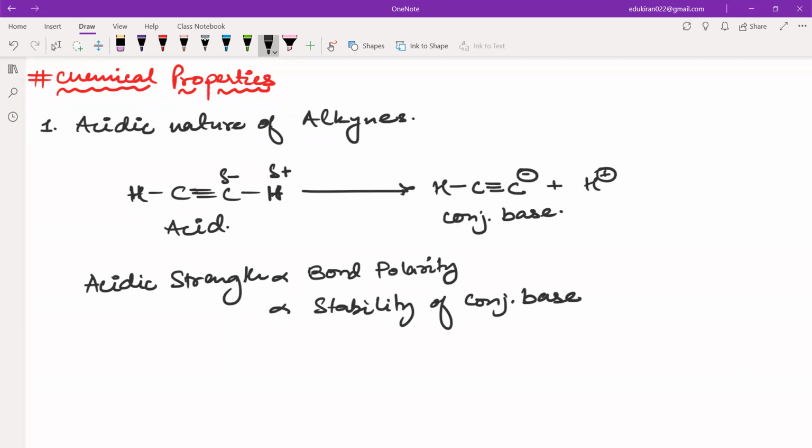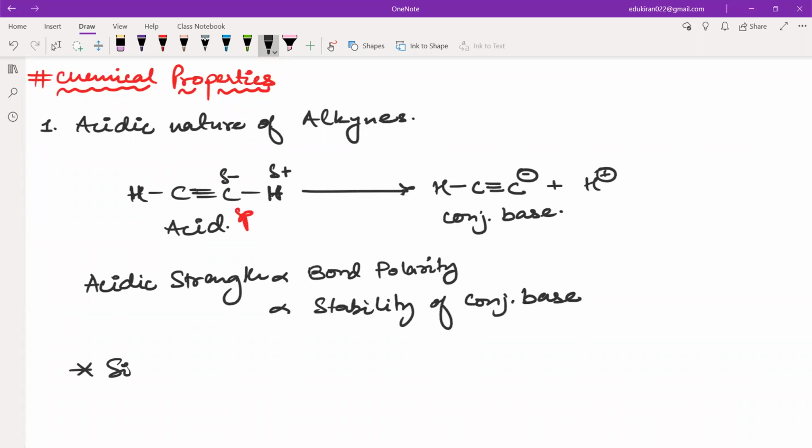If I look at the bond polarity here, this carbon is sp hybridized and this is hydrogen. The sp hybridized carbon is highly electronegative, so it is going to pull much of the electrons from hydrogen and make the bond very polar.